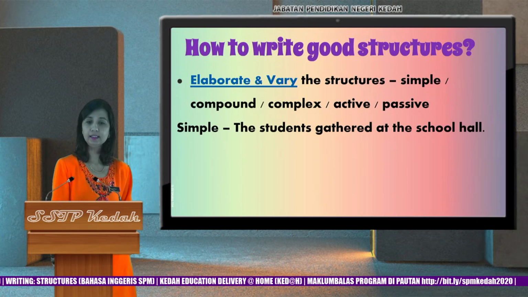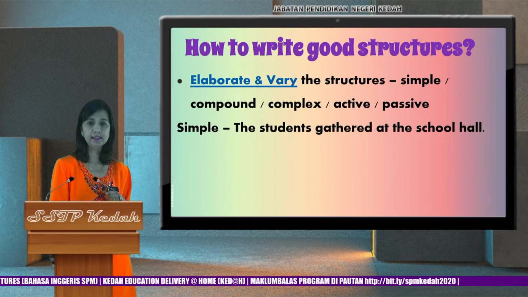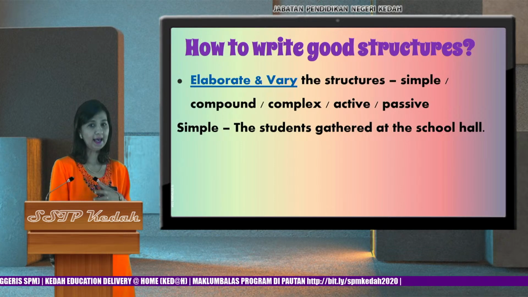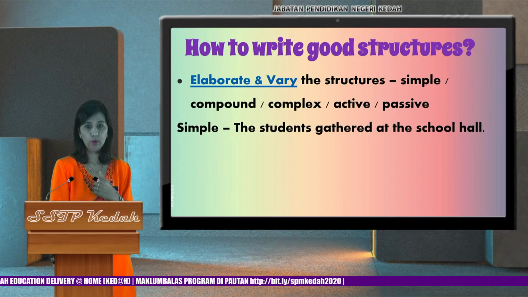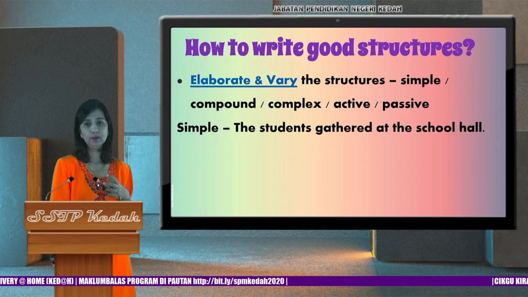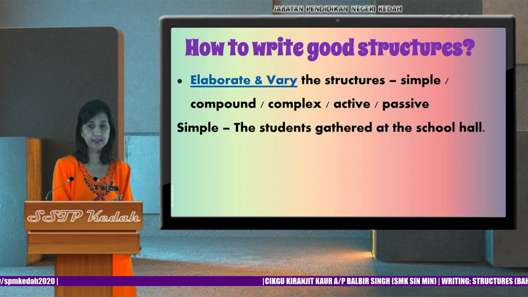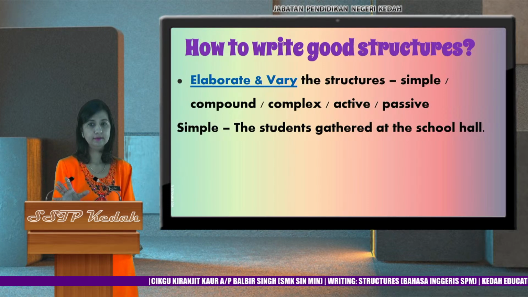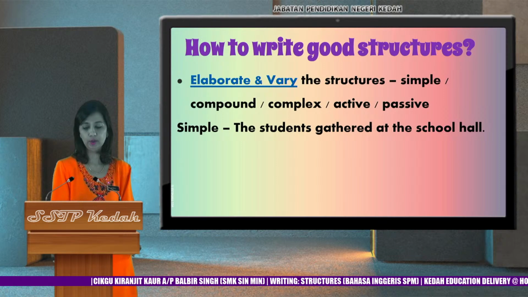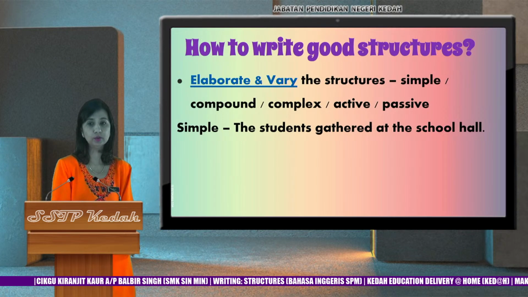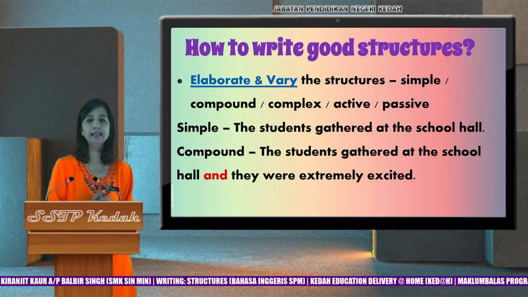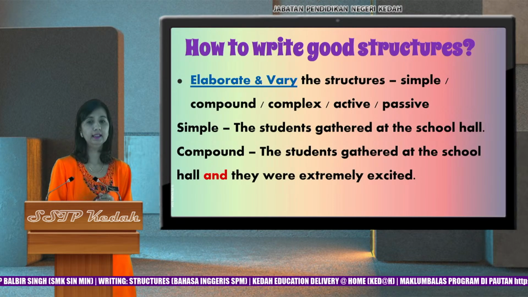Okay, so let's look. Simple structure. What is simple structure? Simple structure is where you have one subject and one verb, followed by an object, of course. So the students gathered at the school hall. So this is a simple sentence. The students, the subject, gathered, the verb, the action, where? The object is at the school hall. Okay, a compound sentence would be when you add a connector.